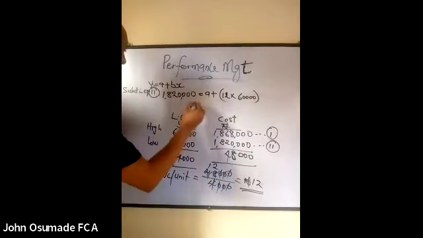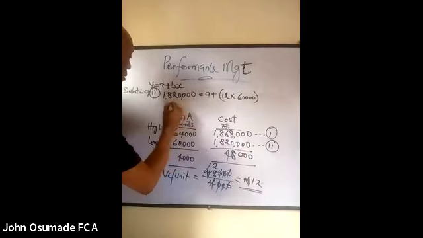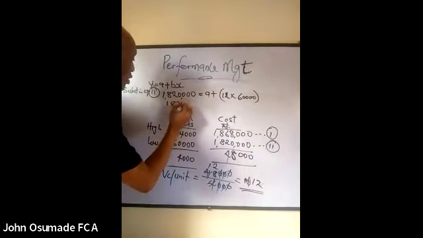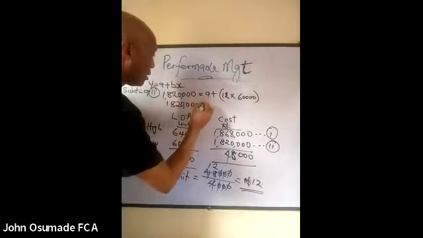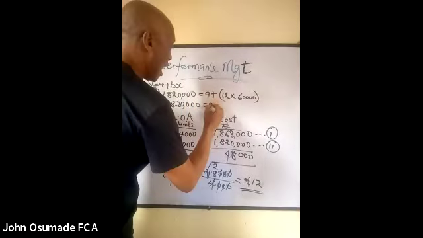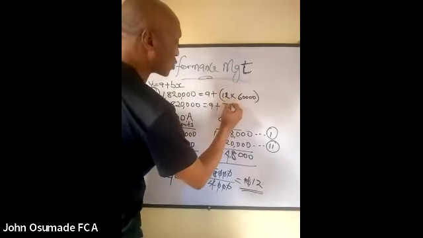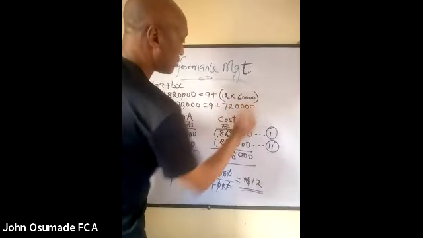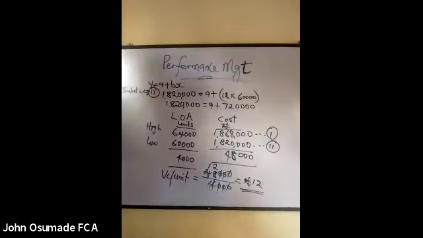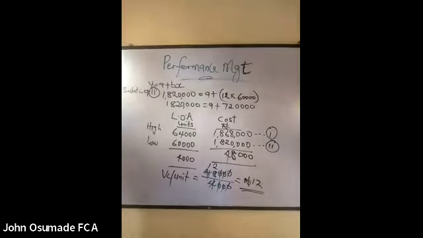Then we have 1,820,000 equals A plus, I think this is 720,000. Are we there?